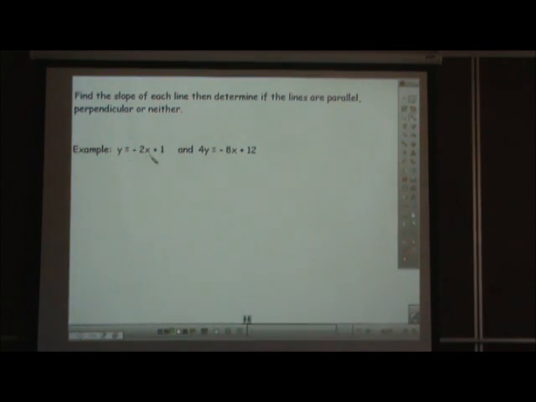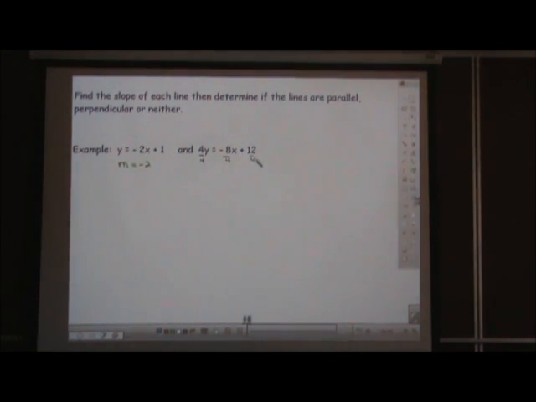Now, this first equation is pretty nice. It's already in slope-intercept form, so the slope is negative 2. You'll just have to write m equals negative 2 so that I know you're looking at the right number for slope. The second equation, though, you're going to have to solve for y. Everything has to divide by 4.